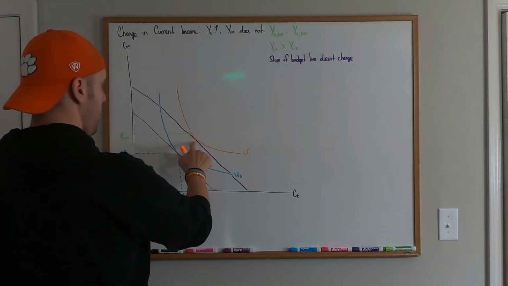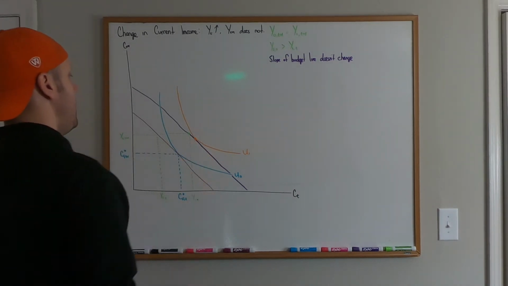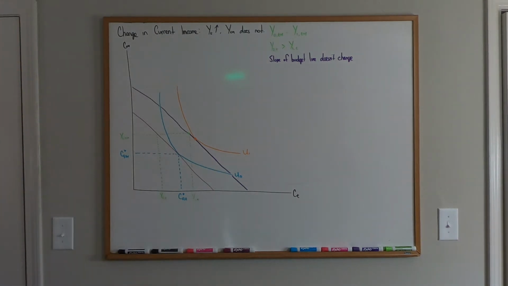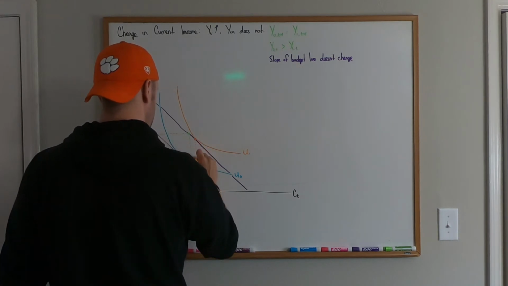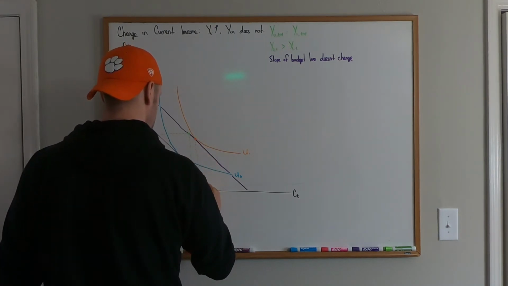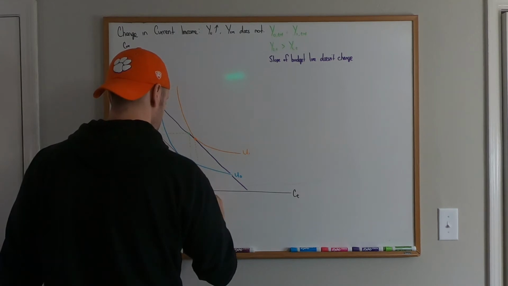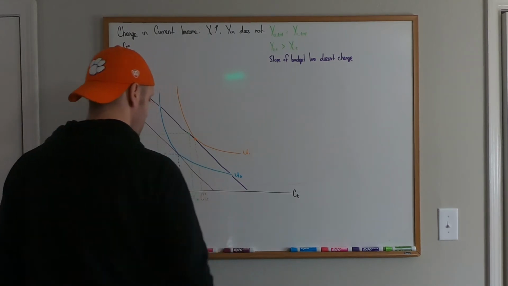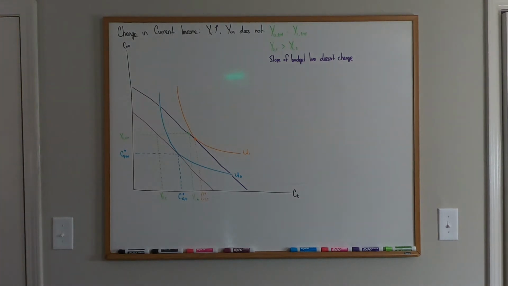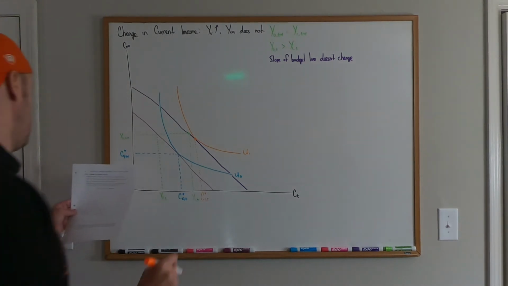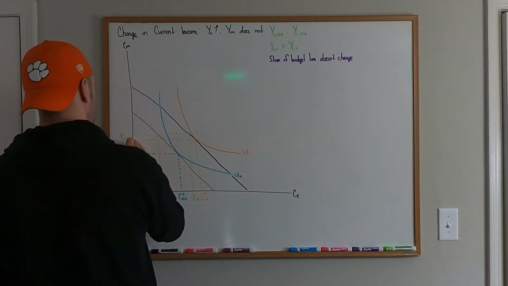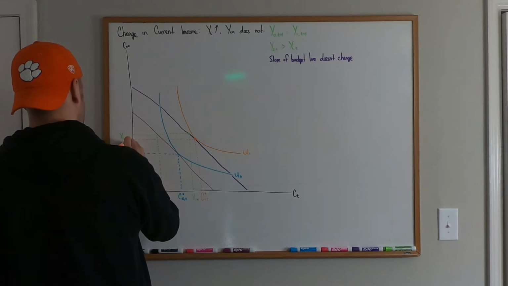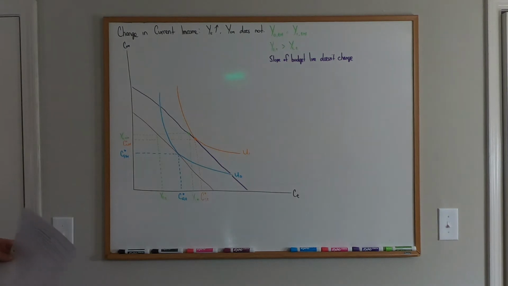And then again, this point is defined by what the Euler equation tells us. So we draw a dotted line down, and get C1 star T. And draw a dotted line over, and get C1 star T plus 1.